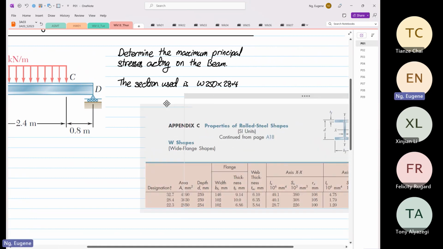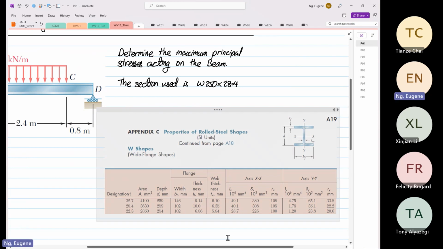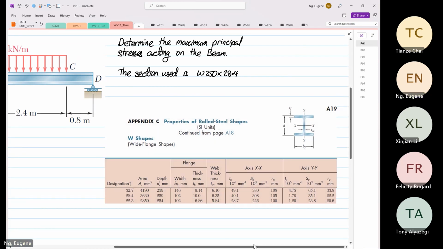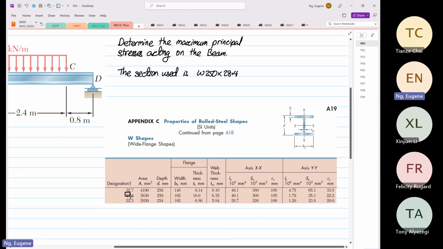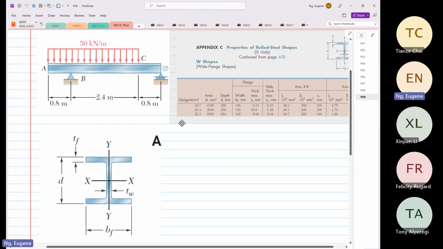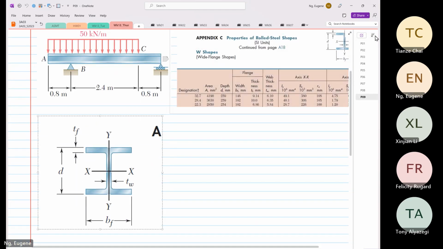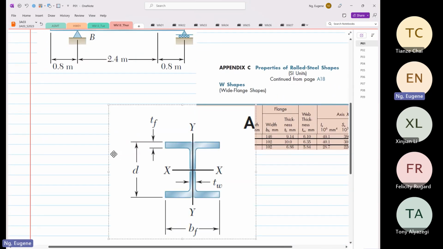Okay, so this is the information on the cross section of the beam. So the beam that we're going to use is this one, 28.4. Okay, so this is the information that's important to us, right? And then the cross section of the beam looks like this.